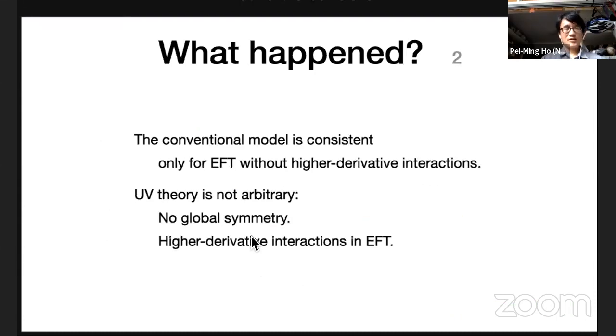So the conventional model, in some sense, is indeed consistent, because if you consider an effective field theory in which all the higher derivative interactions have extremely tiny or zero coefficients, if the coupling constants of all the higher derivative terms vanish, then you are fine. But in general, when you have some of these higher derivative interactions, because they break the equivalence principle, vacuum can evolve to non-vacuum, and eventually the effective field theory breaks down, and you would depend on the UV theory.